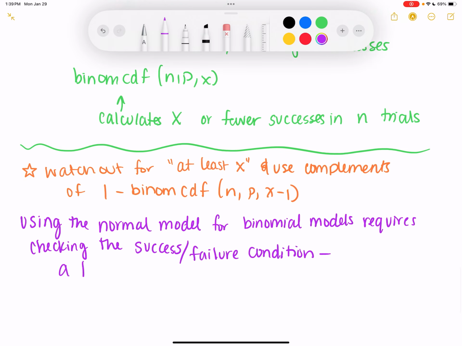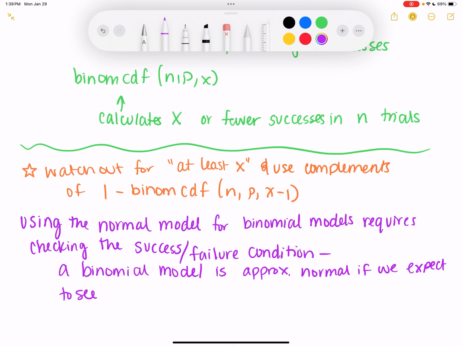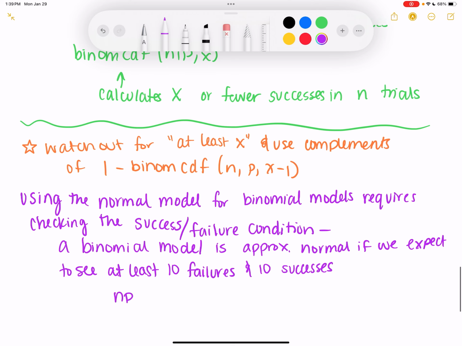A binomial model is approximately normal if we expect to see at least 10 failures and 10 successes. So n times p is greater than or equal to 10, and n times q is greater than or equal to 10.